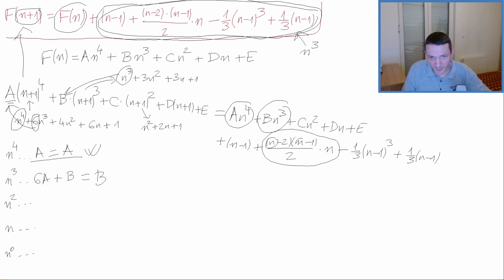When we multiply n times n times n, we obtain n cubed, and over 2, so this is coefficient 1/2 here. Also here we obtain n cubed with coefficient minus 1/3, and that's it. We cancel b and b and obtain that 6a is equal, actually when we subtract those two fractions we obtain 1/6 here.